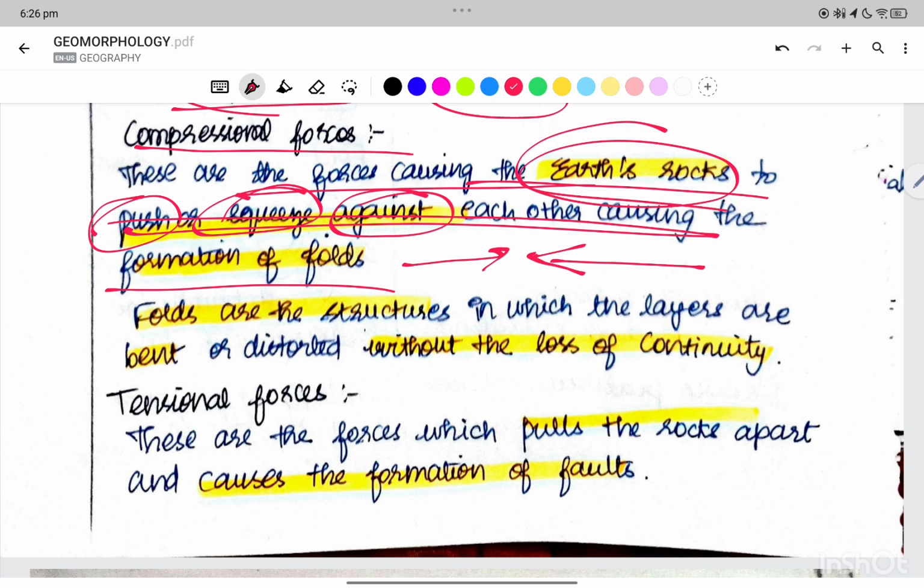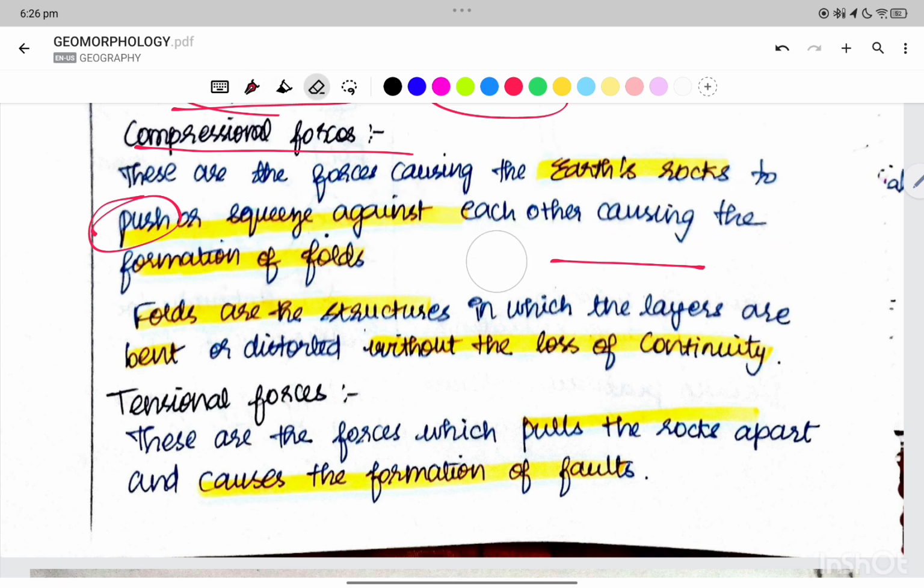The forces in the earth's rocks which cause them to push or squeeze against each other are what is called a compressional force.